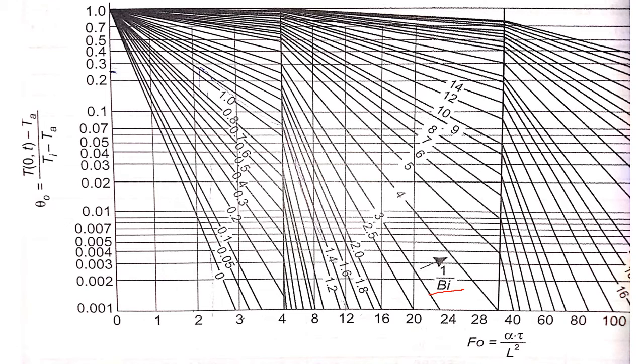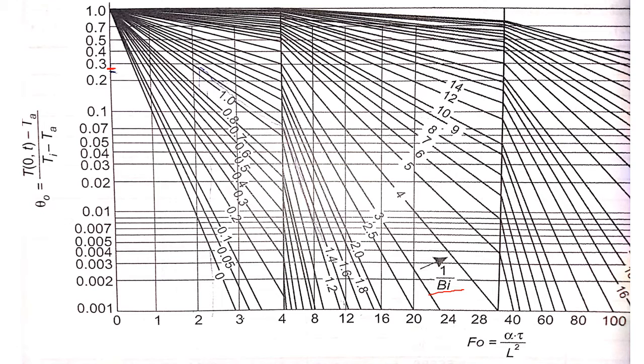Already we have calculated T minus Ta divided by Ti minus Ta, and we have got the value 0.268. So we go to the axis, see here it is 0.1, 0.2, somewhere 0.25, 0.26. See here 0.268, somewhere near 0.27.